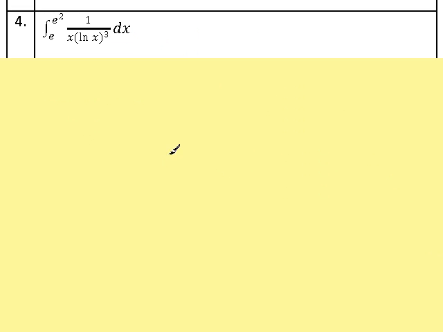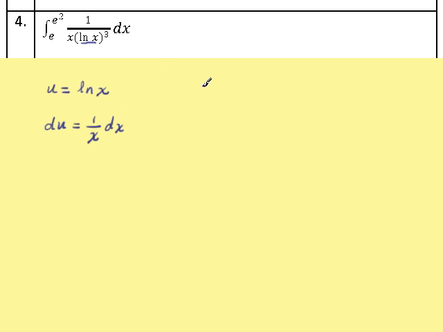Number 4 is also a u substitution similar to the previous one. If we put u equal to this inner function, ln x, then du is 1 over x, and we have that right here. All right, so we're going to put u equal to ln x, and then du is 1 over x dx.